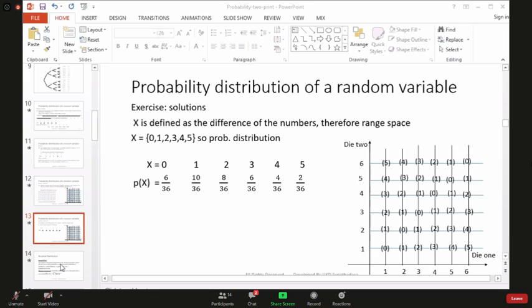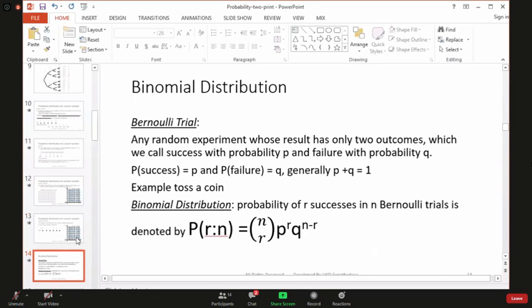Next, you can remember we explained the Bernoulli trial. A Bernoulli trial means we have only two outcomes, like head and tail. Any random experiment whose result has only two outcomes, which we call success with probability p and failure with probability q. Generally, p plus q equals 1.